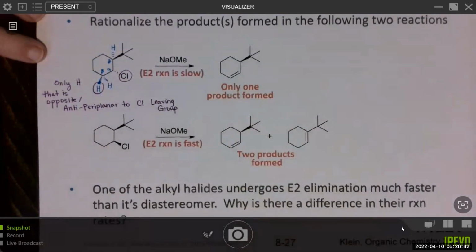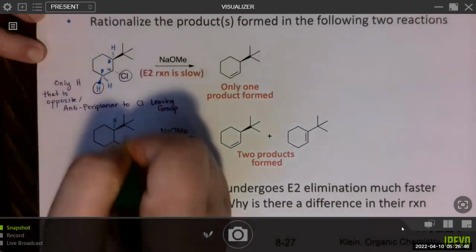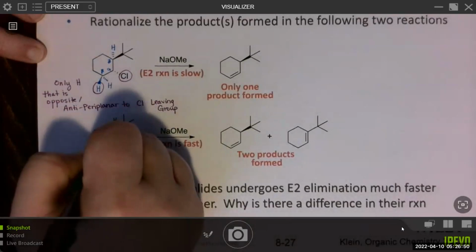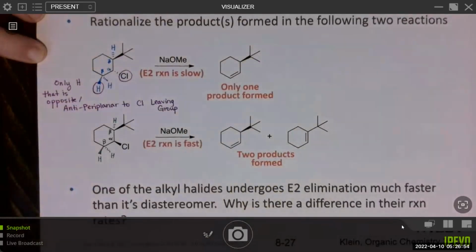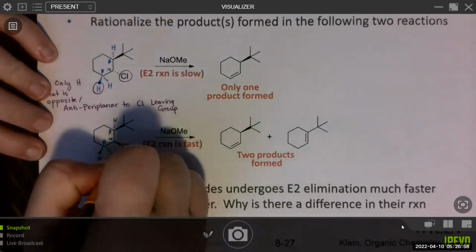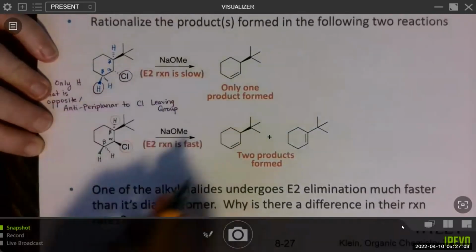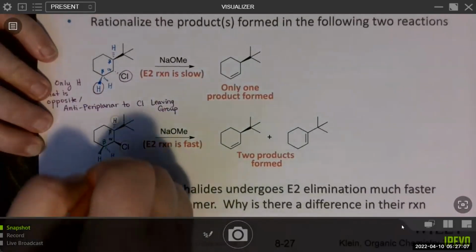If we analyze the bottom one, we can again draw in the hydrogens attached to the beta carbons. Then we want to think about which ones are opposite the leaving group. Since the leaving group is on a wedge, hydrogens that are on the dash on the beta carbon are opposite.